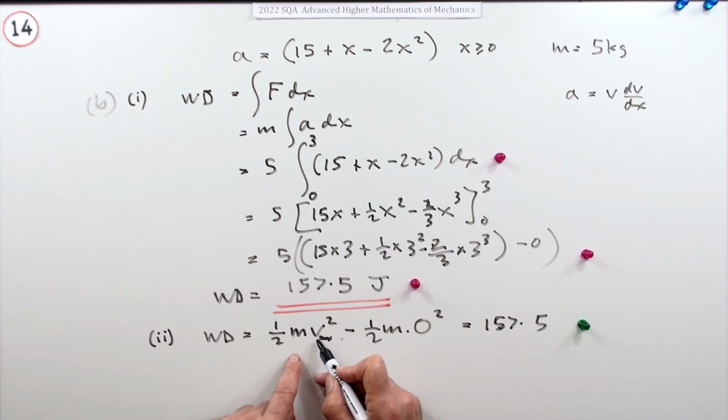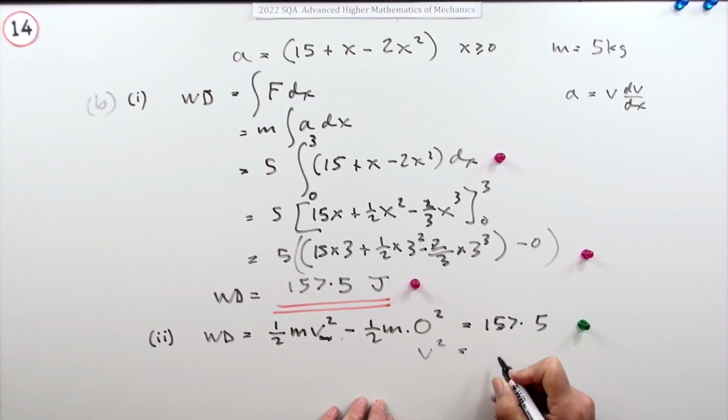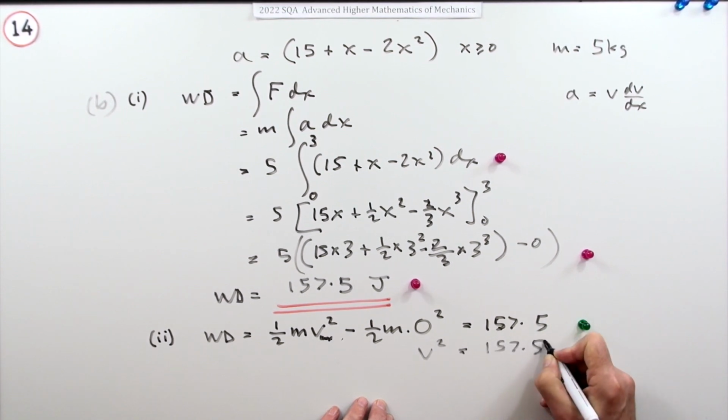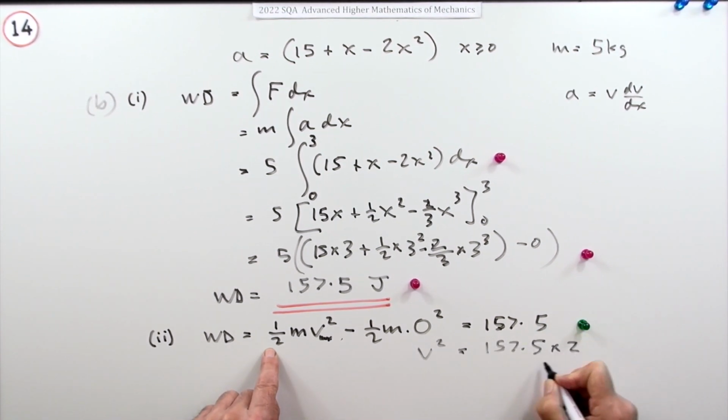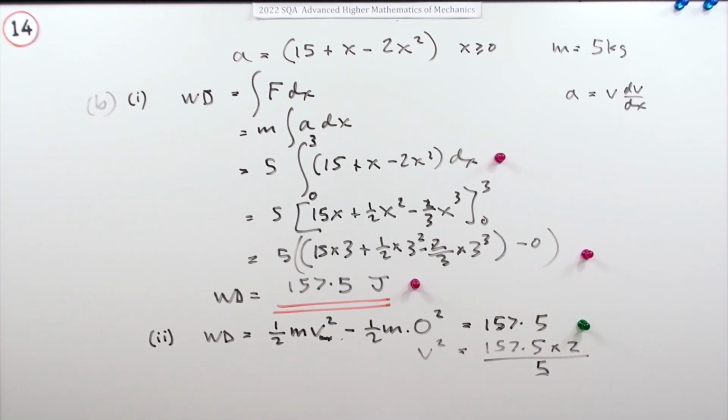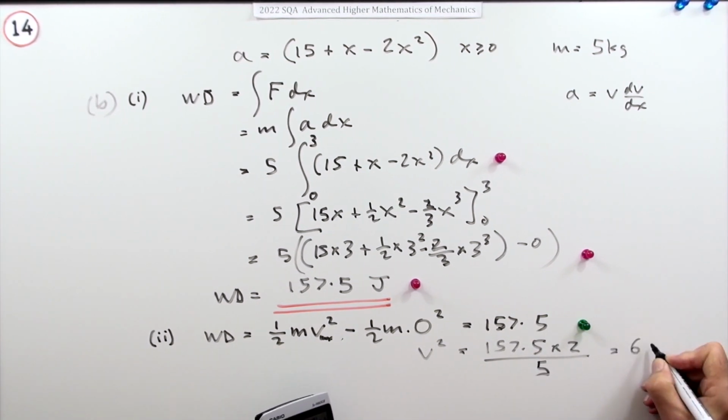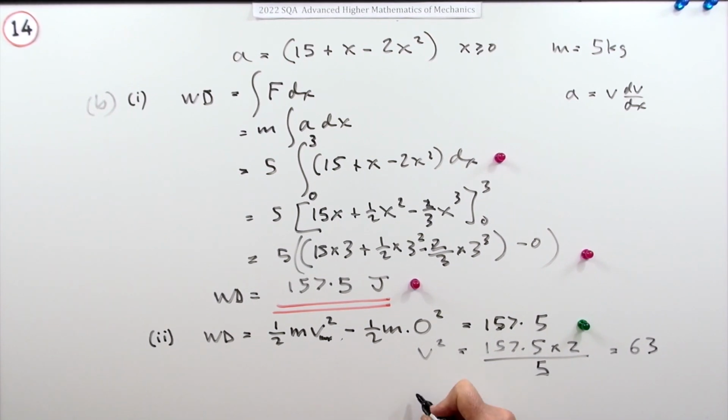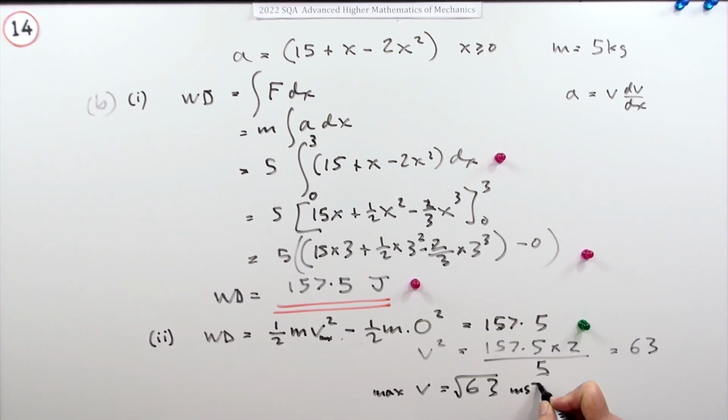Well, that's just 0. So all I've got to do is take that m across and take that half across. So I'm going to have v squared will be 157.5 times the 2 divided by the 5, which comes to a nice 63, which means the maximum velocity would have been the square root of 63, if you want to just leave it exact, meters per second, or 7.937 and so on.